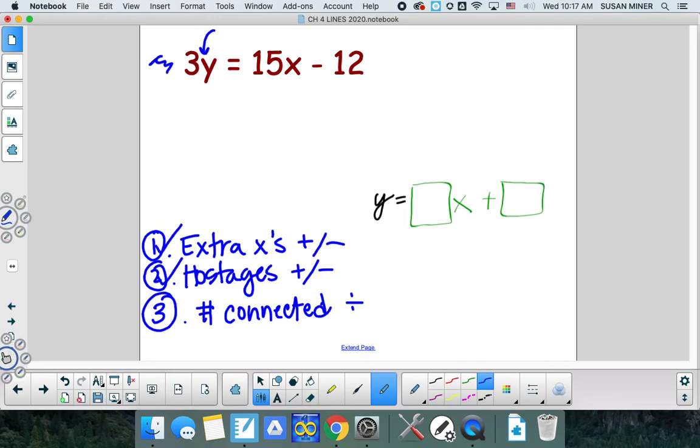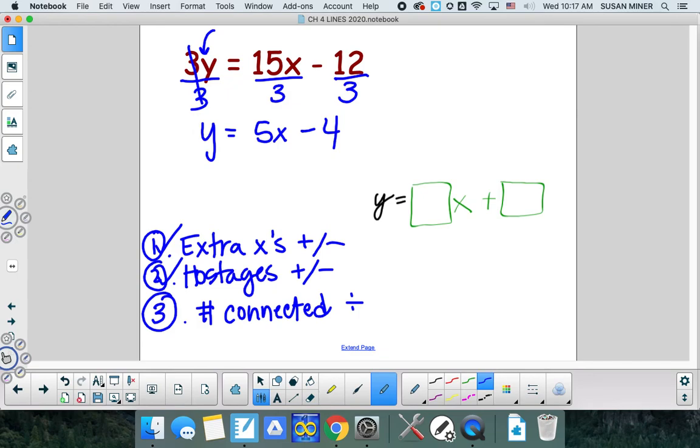There is a number that's connected to my variable, and so I just go ahead and divide by the 3, and that means I have to divide each of these terms by 3. This one's going to cancel, and so y is equal to 15 divided by 3 is 5x, and -12 divided by 3 is -4.